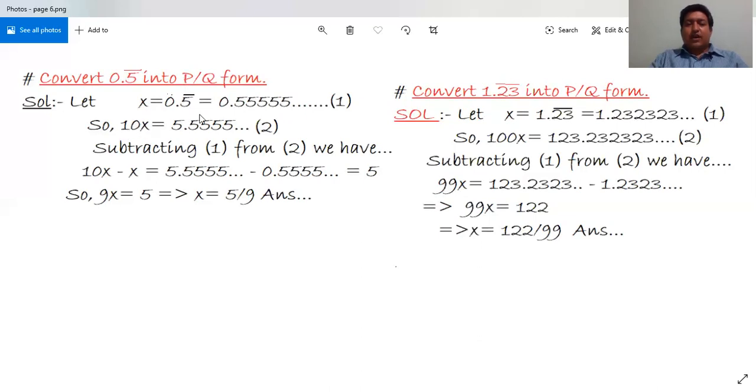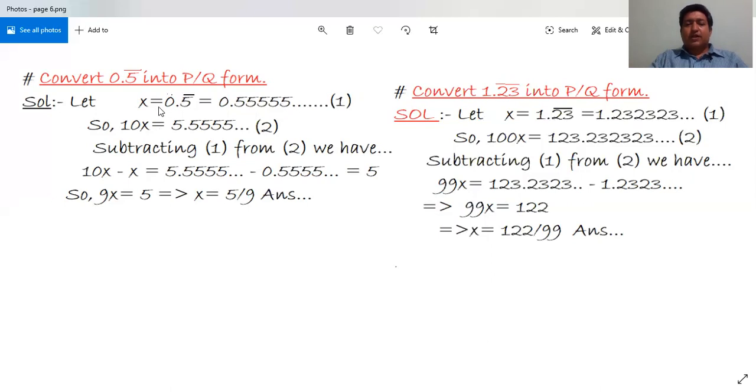Actually, you have to get a number in which the decimal digits are repeating. This one, 0.5 bar over 5, is the number where the decimal part is repeating. Again, you have to get the next number in which the decimal part is repeating.